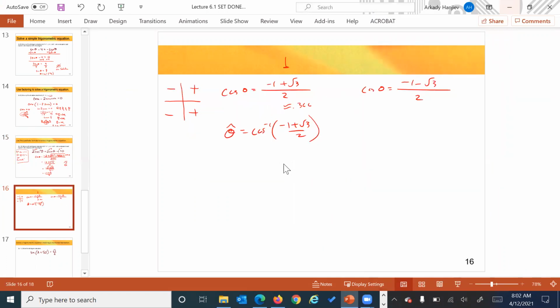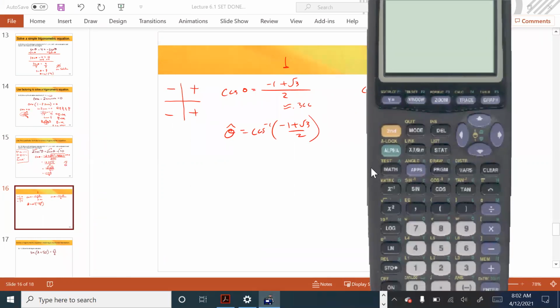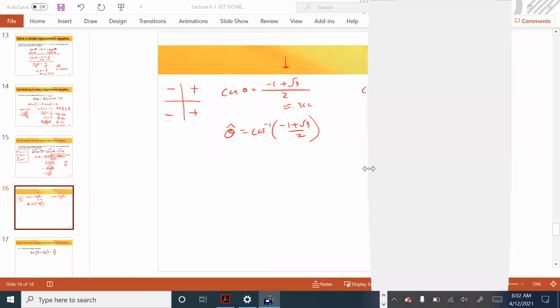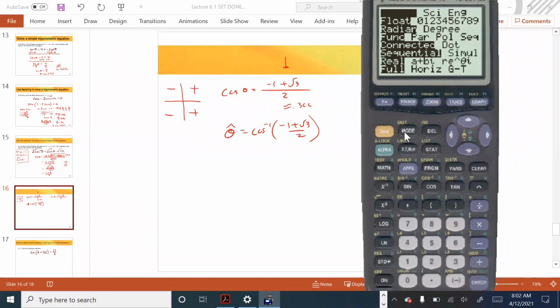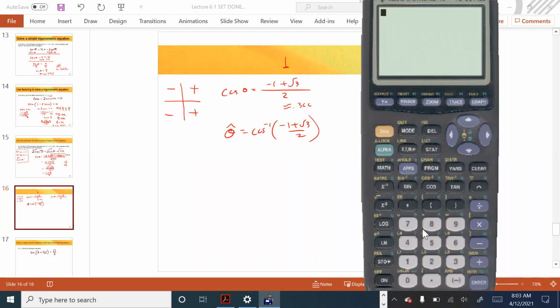Degree measurement. Okay, so first things first, let's get our calculator in degree measurement. Mode. I'm in radians, back to degrees. And I'm going to try just real quickly negative 1 plus the square root of 3, just making sure that you're correct, divide by 2.